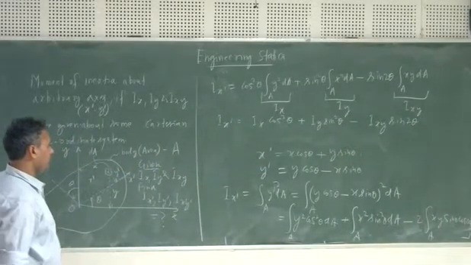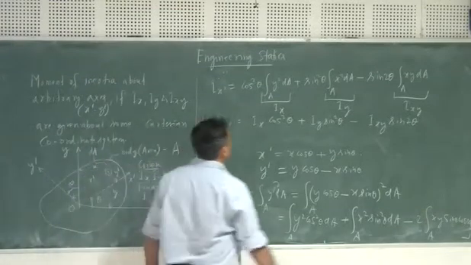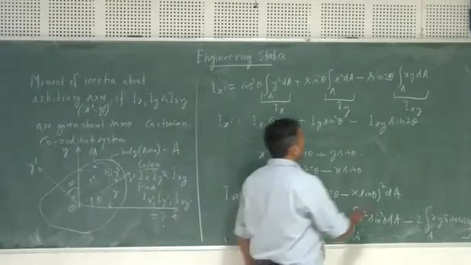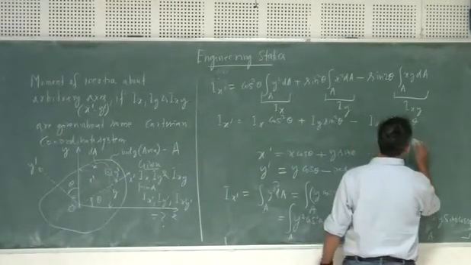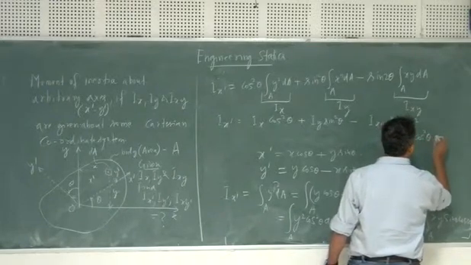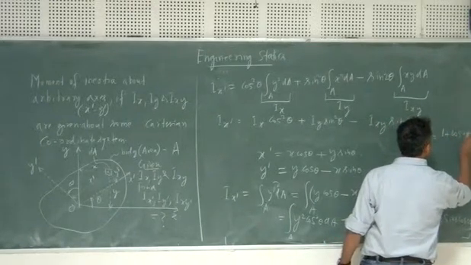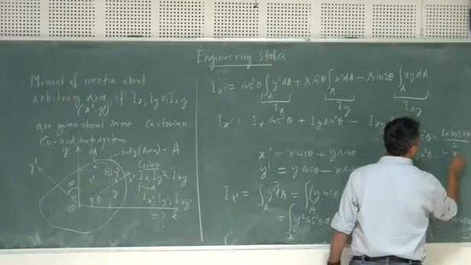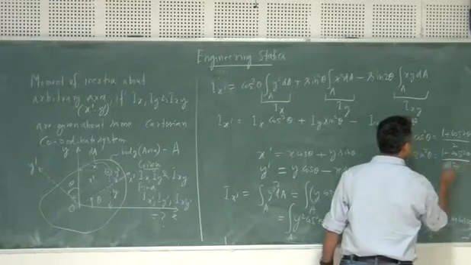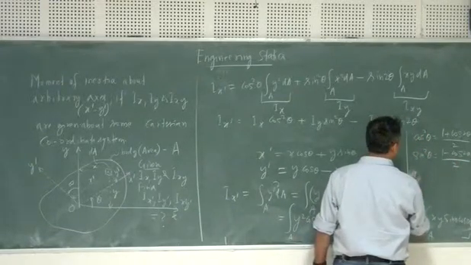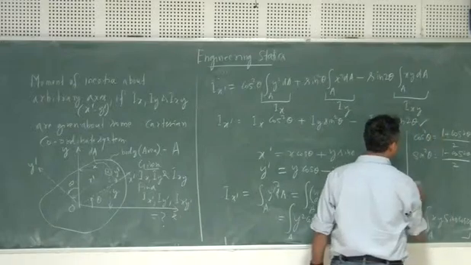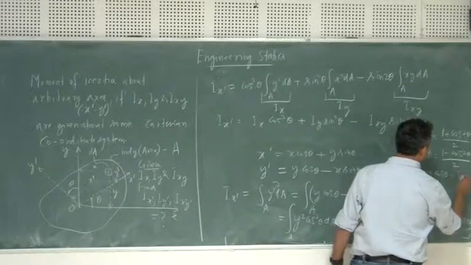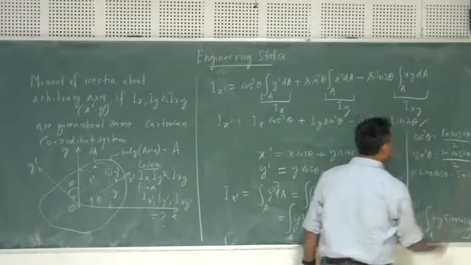Now if you substitute the formula which is given by cos square theta equal to 1 plus cos 2 theta over 2, and sin square theta equal to 1 minus cos 2 theta over 2, we have all these. Right.